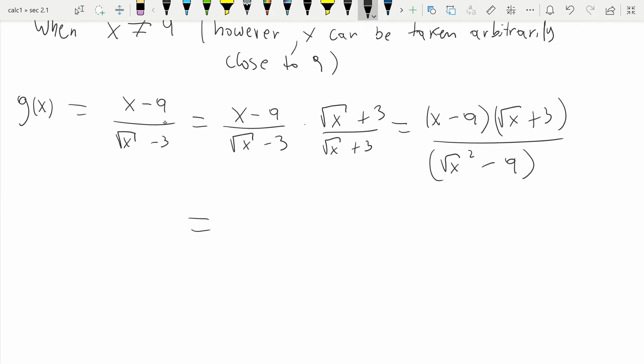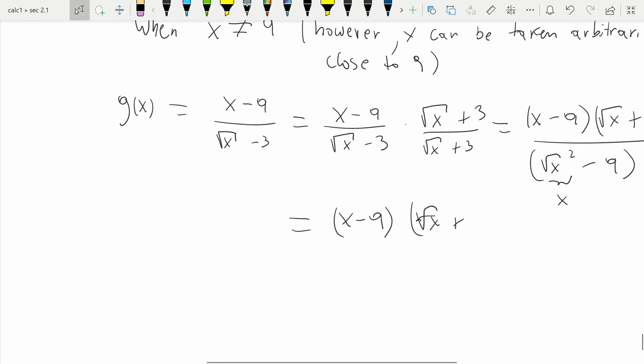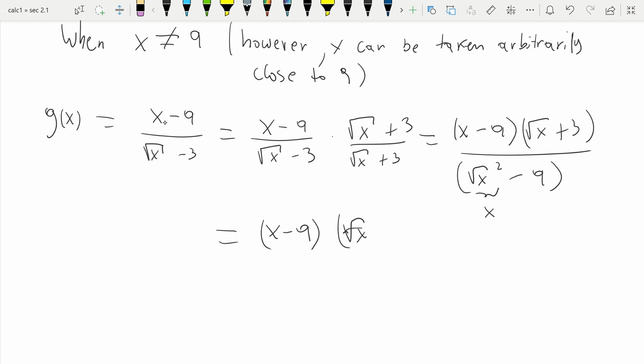The square root of x squared is just x, so we get x minus 9 times the square root of x plus 3, all of that divided by x minus 9.